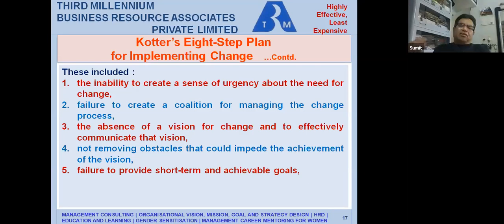No, if somebody has done a wonderful job right now, you better appreciate that. So there have to be short-term goals and long-term goals, and they are not "or", they are "and". You have to provide some short-term goals which become milestones, and they feel good that, okay, this has been achieved, that has been achieved. And of course, the long-term goals.